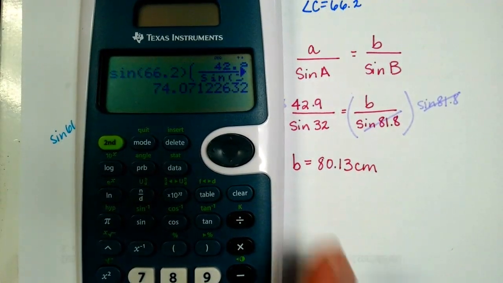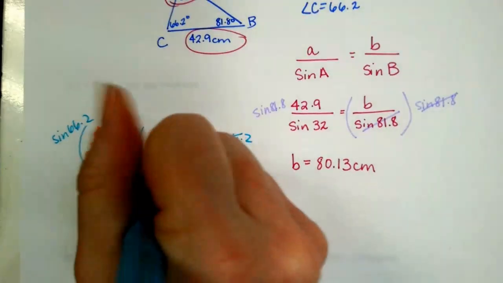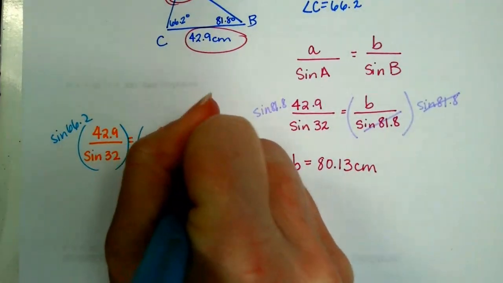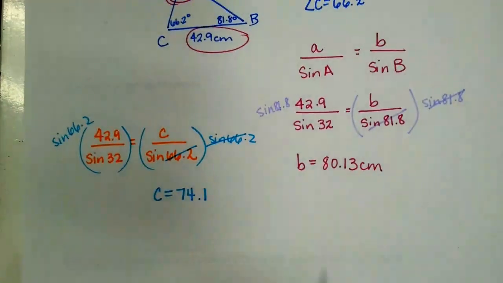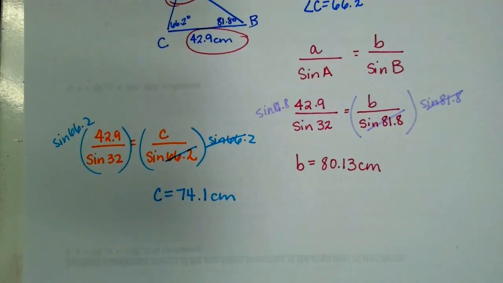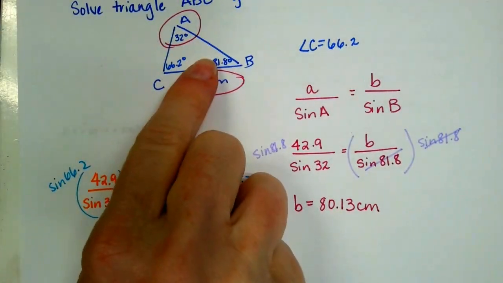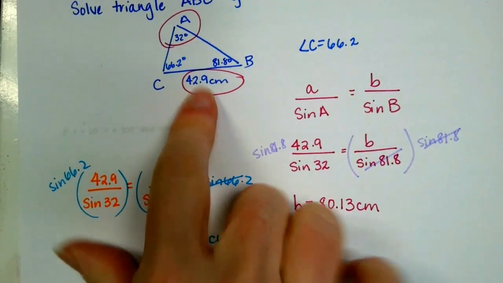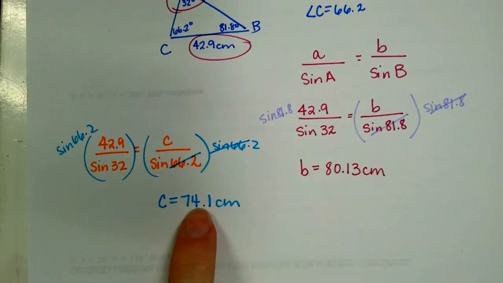And I got 74.1. And that's centimeters. And so now I just check to make sure I've got all my pieces. I have all three angles because I wrote it inside the triangle. They gave me side A to start with, and I found side B and side C.